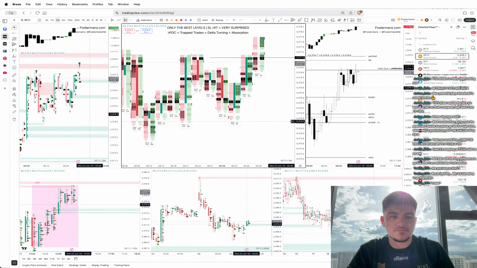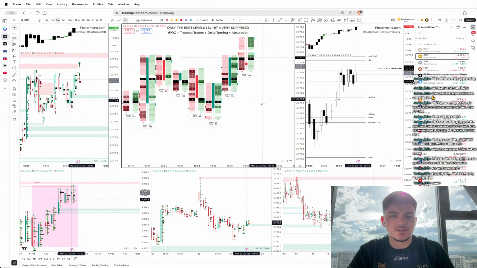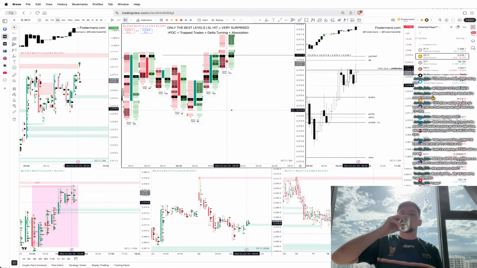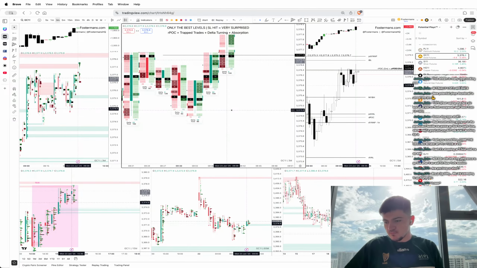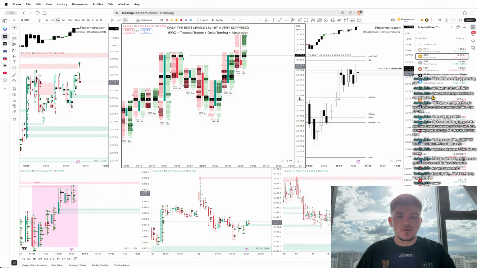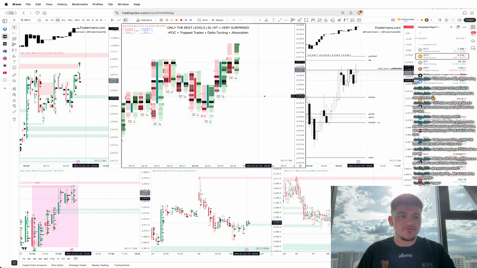Then we wait. Okay, but this hovering around this level is so dirty. It's not my favorite. It is not my favorite for sure.